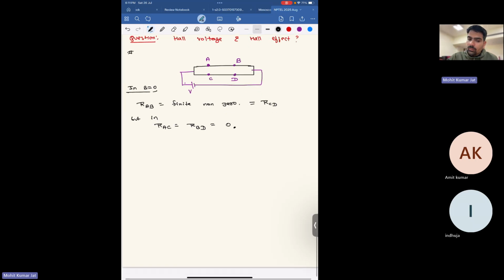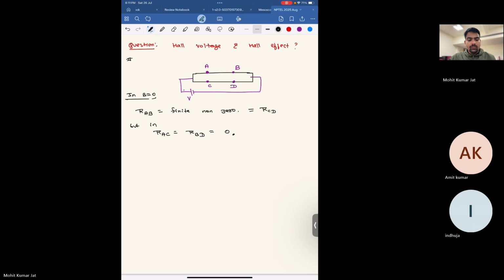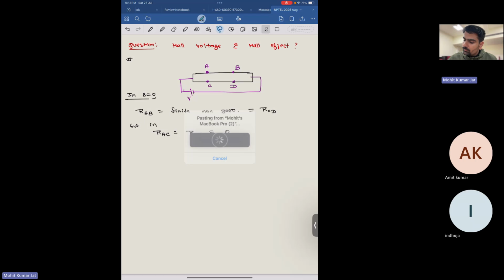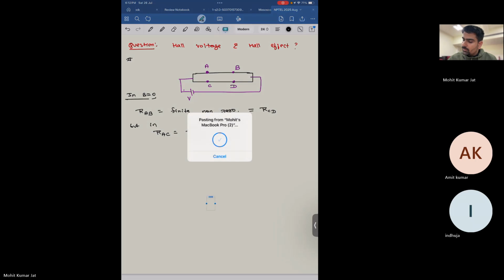So, going on that, let me just paste an example here.